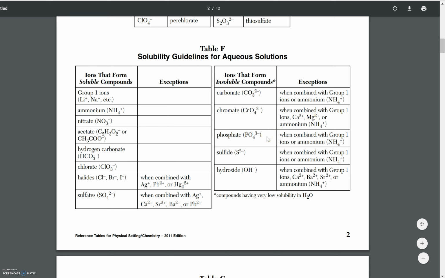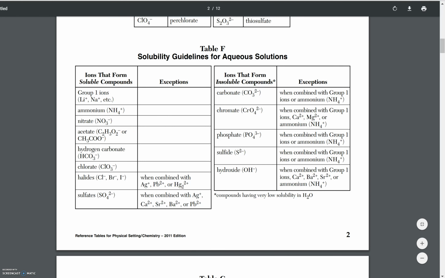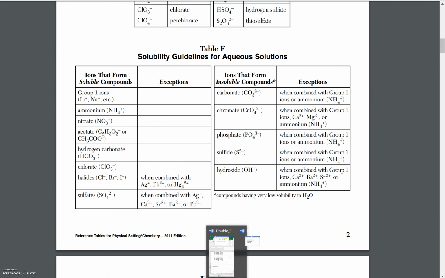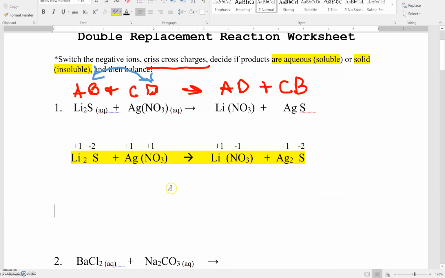Phosphates are not soluble in water unless combined with group 1 or ammonium. Sulfides, same, not soluble unless combined with group 1 or ammonium. And hydroxides are not soluble in water unless combined with group 1 ammonium or these ions. Okay, so the right side of the table is not soluble because you see it says insoluble. The left side are the soluble ones. So that's what you're going to use for the second part of this worksheet.